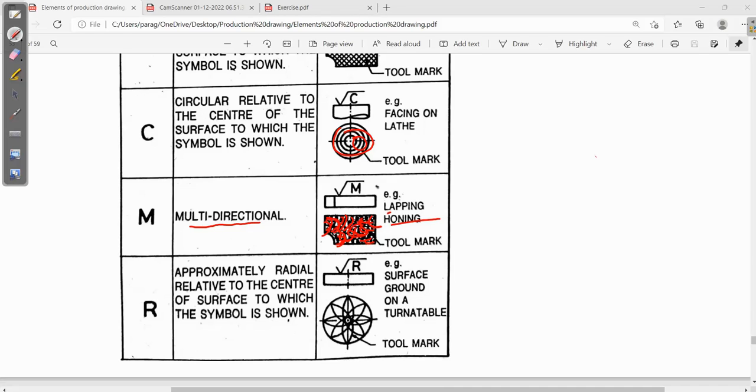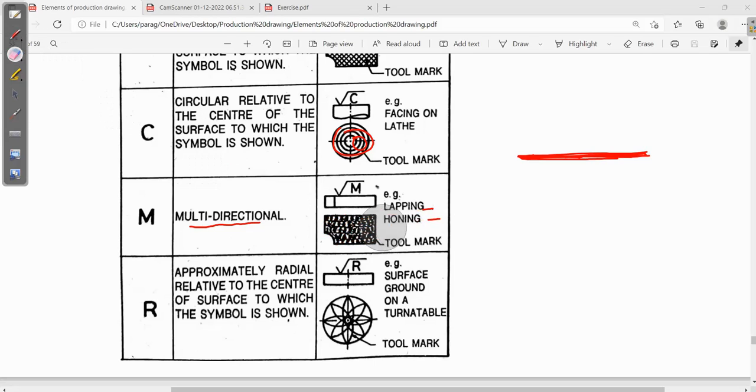In lapping or honing, whenever we are producing a very smooth surface. If you see those slip gauges, they have a mirror surface, it is very smooth. So again and again we have to perform the operation, either lapping or honing. At that time your surface lay will be in different directions like this.